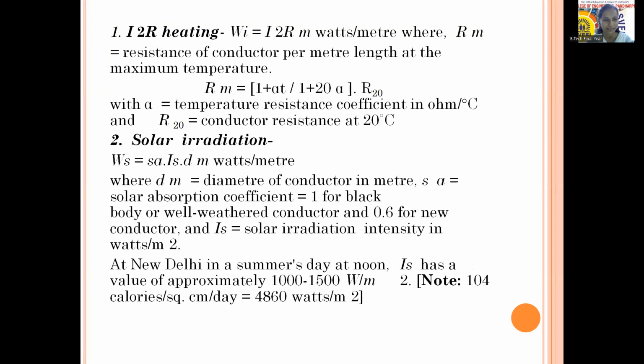We have taken the notation WS for solar irradiation, and for I square R heating we have taken it as WI. These are the formulas to calculate I square R heating and solar irradiation. We are going to substitute these two formulas in equation 3.9 again.